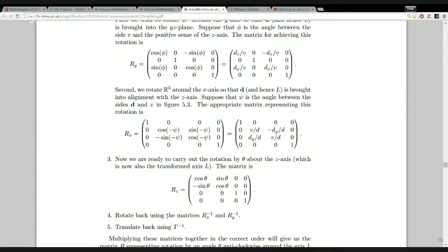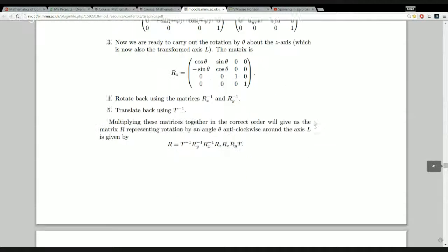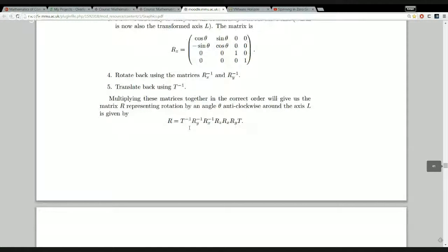If you've already constructed the matrices for translation, the yaw and the pitch rotations, then you simply use their inverses. And so this general rotation matrix R is now given as this very long product. This is the full translation and rotation sequence that can represent a general rotation.